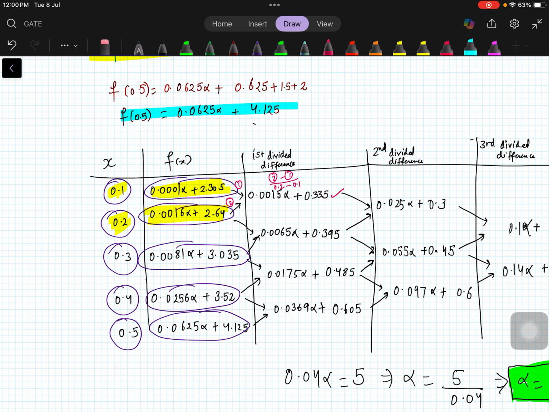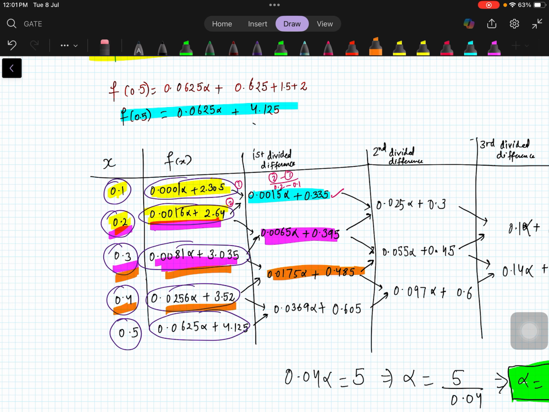So this quantity here, highlighted in blue, is this quantity. Similarly, this quantity here is this minus this divided by 0.3 minus 0.2, which is again 0.1. Similarly, this quantity here, in orange, is this minus this divided by 0.4 minus 0.3.